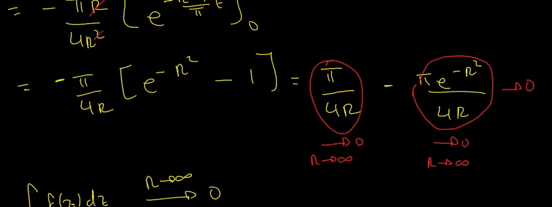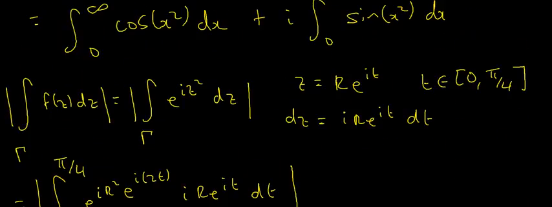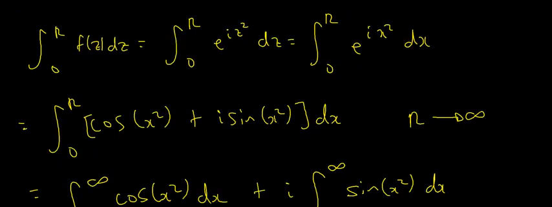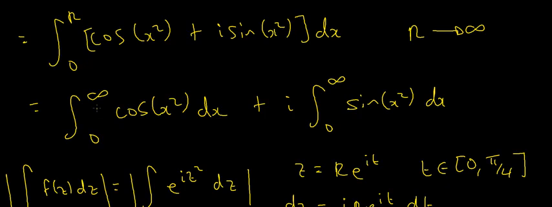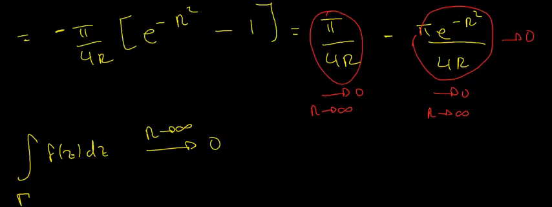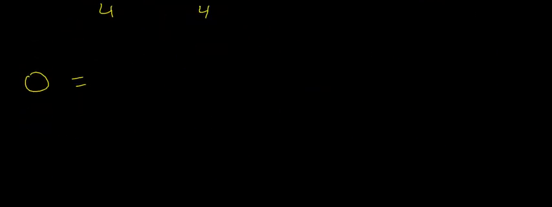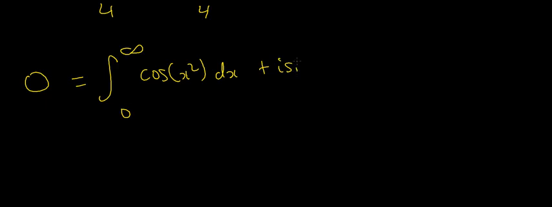The first integral, if I go way back over here, I found that it was equal to the integral from 0 to infinity of cosine of x squared plus i times the integral of sine of x squared. So this is equal to the integral from 0 to infinity of cosine of x squared dx plus i times the integral from 0 to infinity of sine x squared dx.